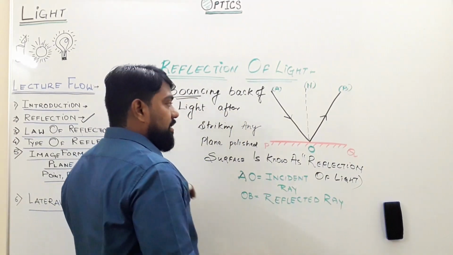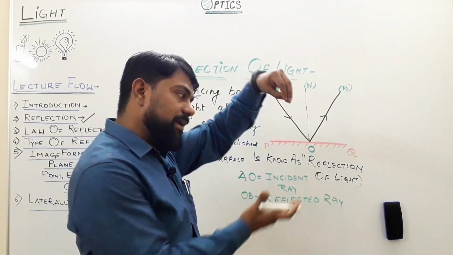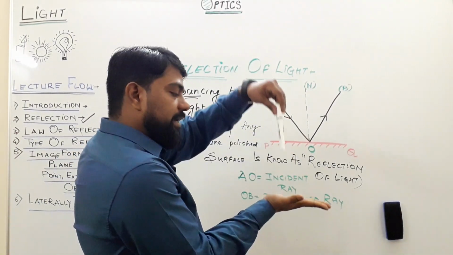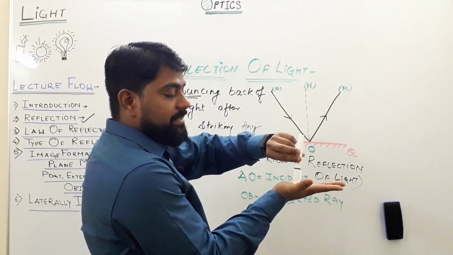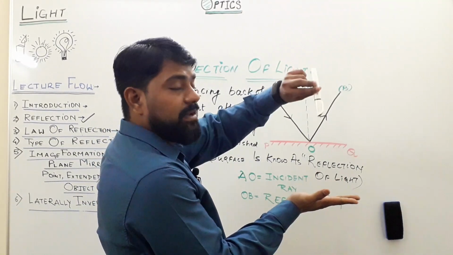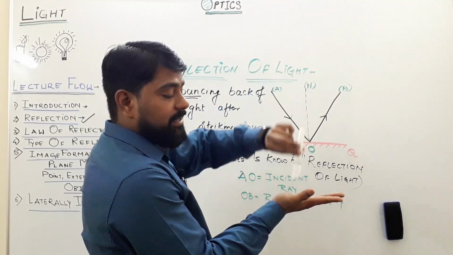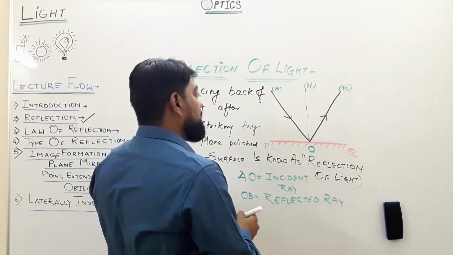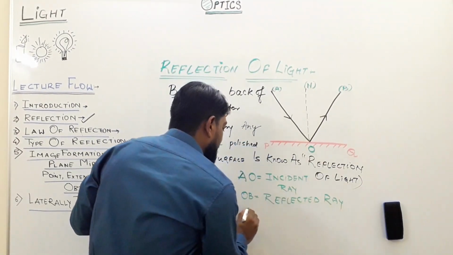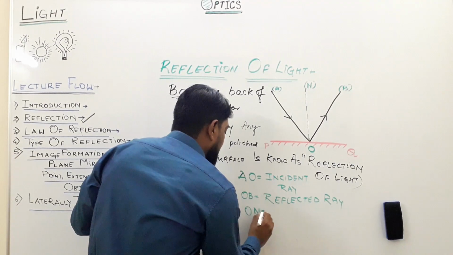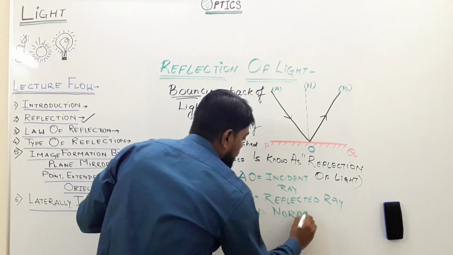And whenever the ray of light is incident on any plane polished surface normally, perpendicularly, then the ray of light retraces its path and goes along the same path in the opposite direction in the same medium. Those types of rays we say ON, which is the normal.